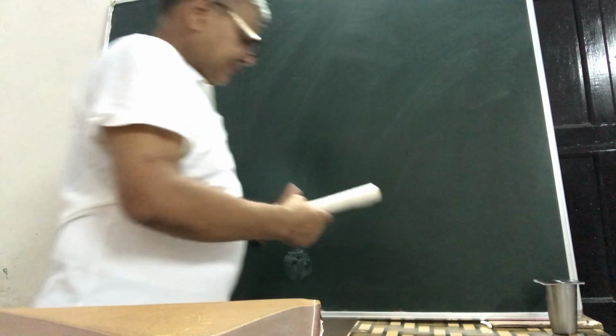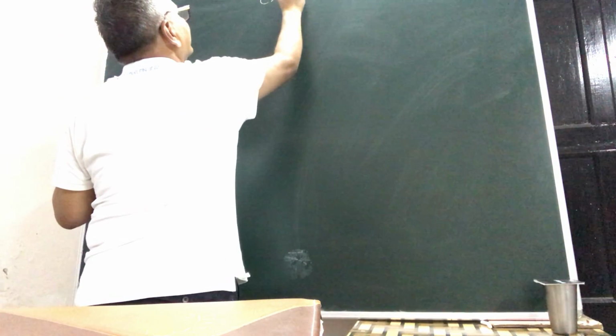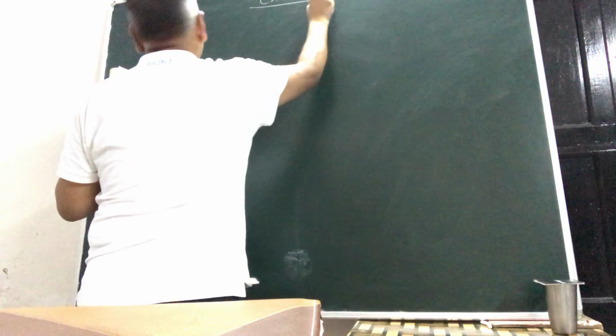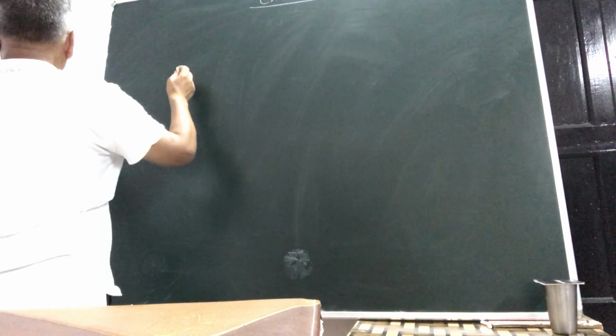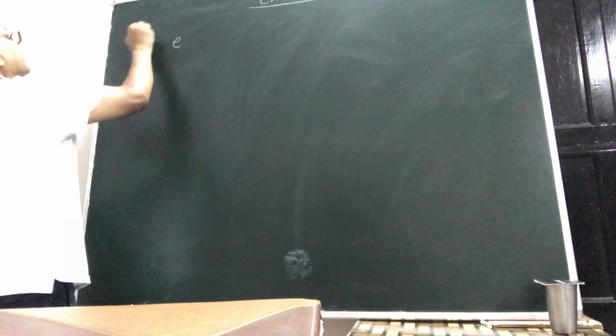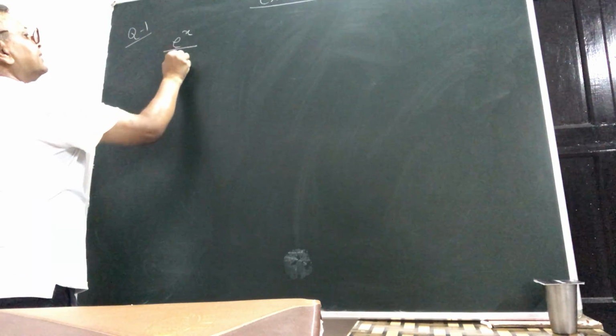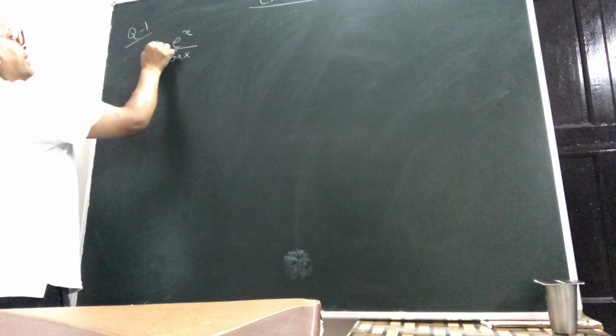Yes, so we are taking the questions from this exercise 5.4. First question, question number 1: differentiate e raised to power x upon sin x. Its derivative has to be found out, d by dx.